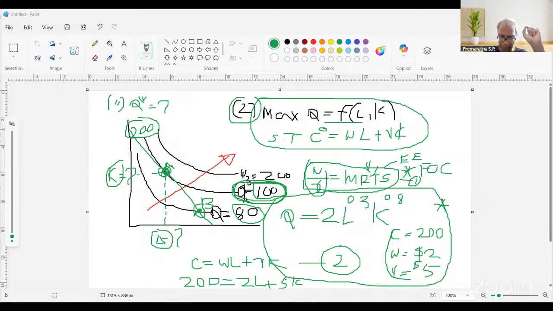Mathematically, the starting point, for instance, if you start with minimization, the objective is to minimize budget, subject to the constraint, what we call a given amount of output.